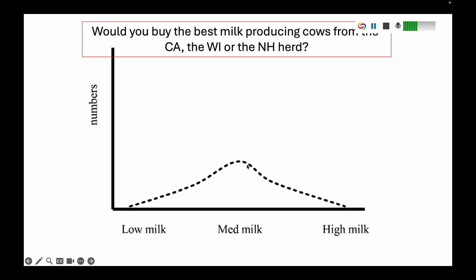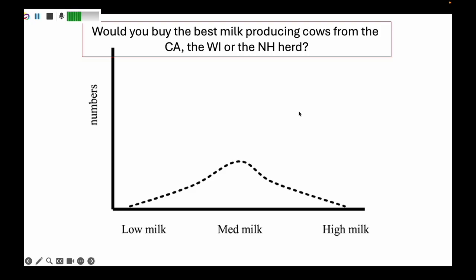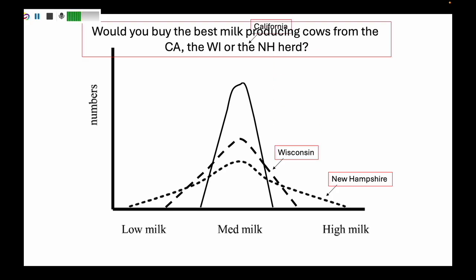Okay, so the question that I pose to the students, and we'll come back to this a little later in the story, is this: you have the resources and the motivation to buy new cows for your dairy herd, and I'm going to give you information on herds from three different locations that have a priority for dairy: New Hampshire, we'll call them, Wisconsin, and California.